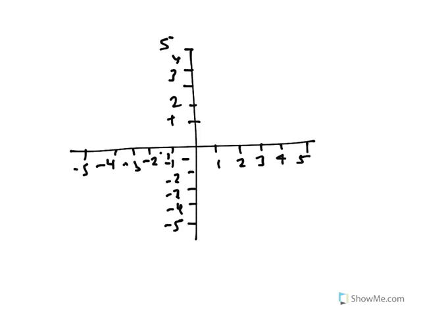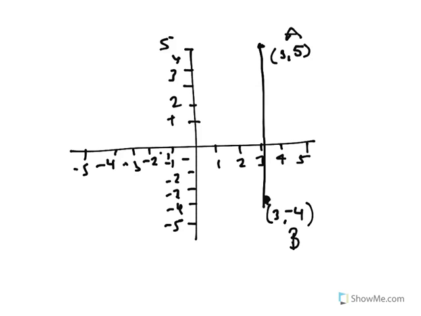We have a line from 3, 5, let's call this point A, going all the way down to 3, -4. Okay, let's call this point B. So we have a line going from point A to point B. And this line is parallel to the y-axis. So this is a vertical line.